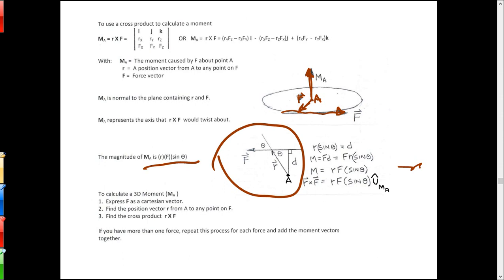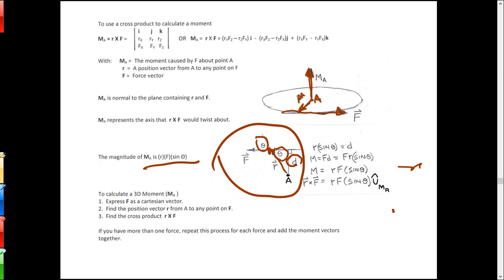Now to get the 2D moment, I would take the force magnitude times the distance perpendicular to the force to A, which would be D. But notice that my definition for a cross product is any vector that goes from A to F. So we look at the angle between the R vector and the F vector, which would be theta. That's this angle right there.